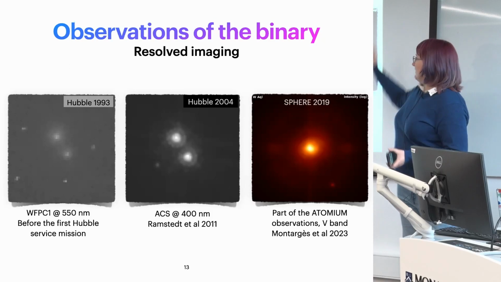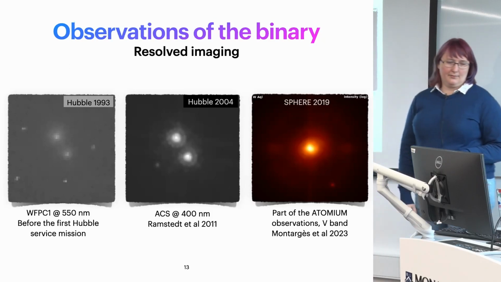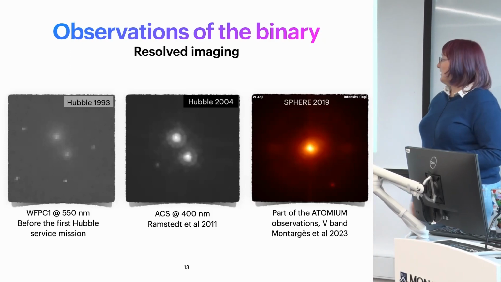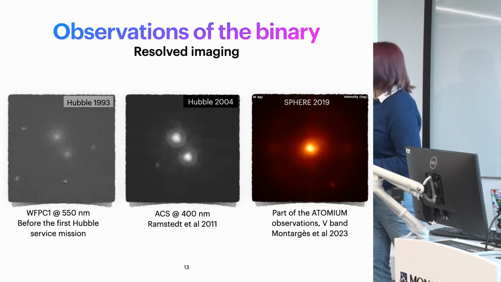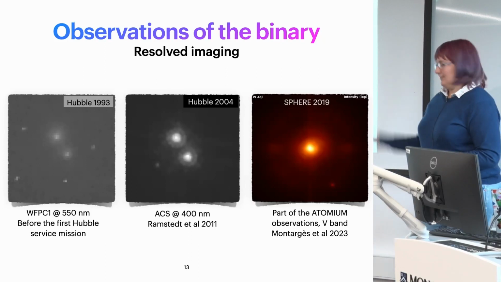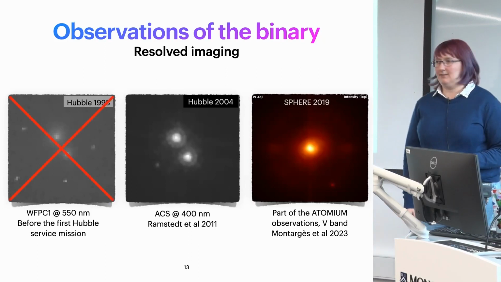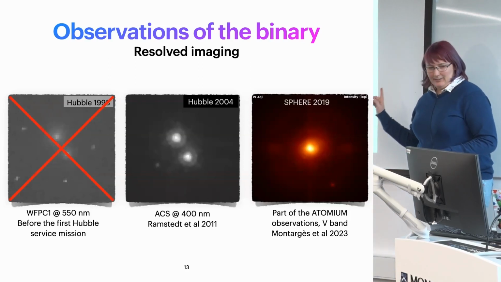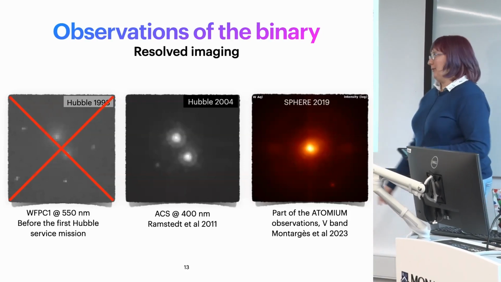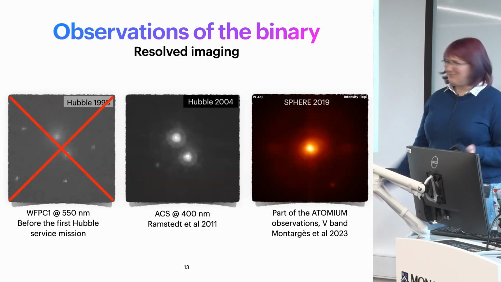This is taken in 2019. Got 2004, and unfortunately the 1993 data was before the Hubble first servicing mission, and aside from the pixels being giant, it's just not good enough, so we have to ignore it, unfortunately, which doesn't give us much of a baseline to work with, but at least there are 2 observations separated by almost 15 years.